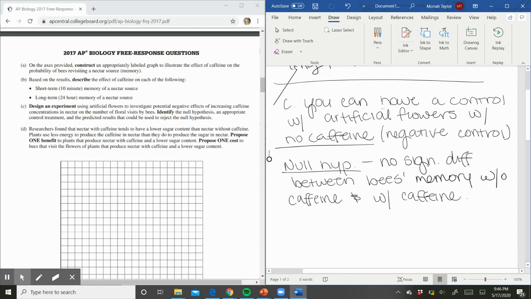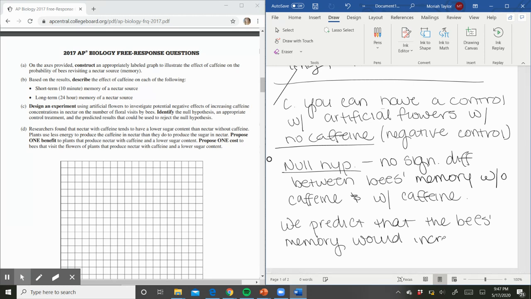And then it also asks for predicted results. So we would predict that the bees' memory would increase with the presence of caffeine.